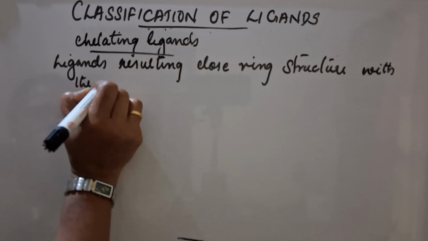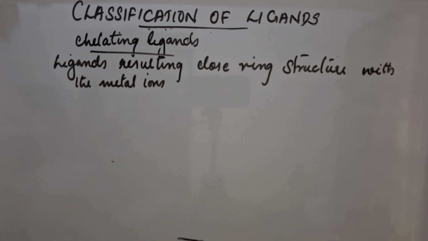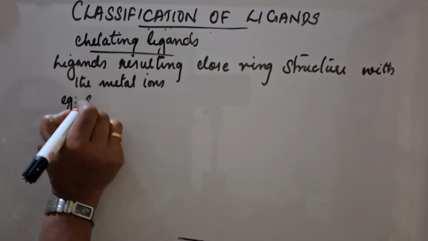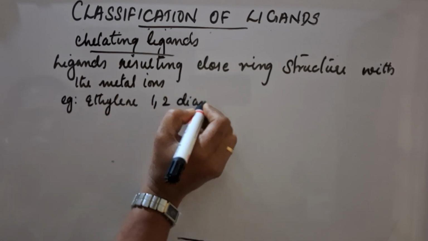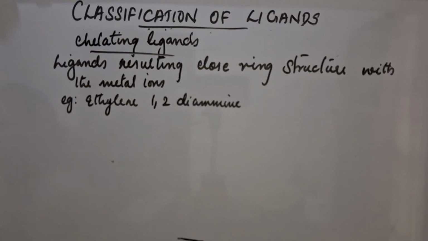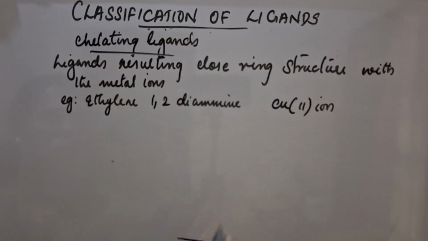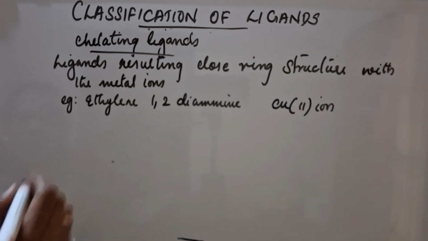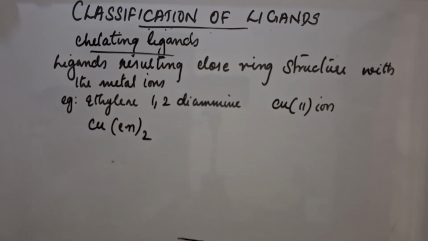Example, ethylene 1,2-diamine is involved in the formation of a cyclic ring structure with Cu2 plus ions. So Cu2 plus will be the central atom, that is Cu(en)2. Cu is the central atom and two molecules of ethylene 1,2-diamine are attached to it.